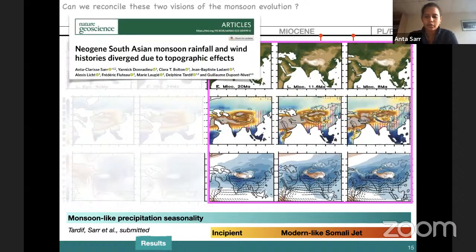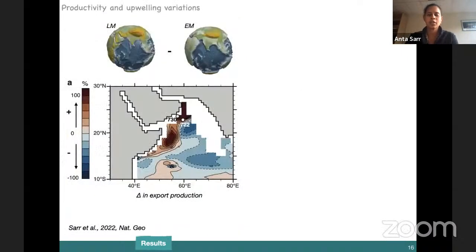That's why I will focus here on the Miocene evolution, trying to understand what happened in the simulation and how the upwelling evolved in response to those changes in atmospheric circulation, and also how precipitation evolved during this time period, because precipitation is what is of most interest for many of my colleagues. So let's start first with biological activity, because this is what I targeted first in this study.